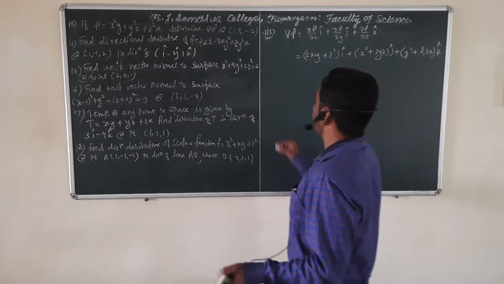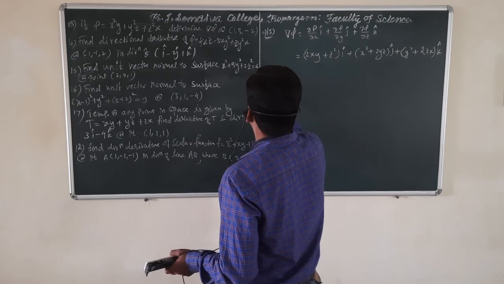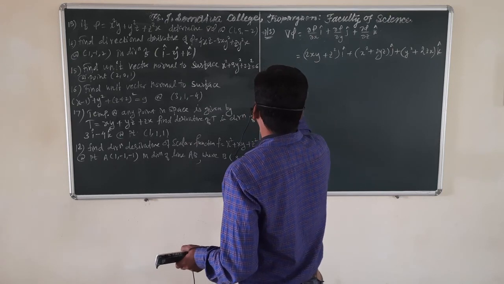Now we have to find the gradient of phi at the point (1, 3, -2).